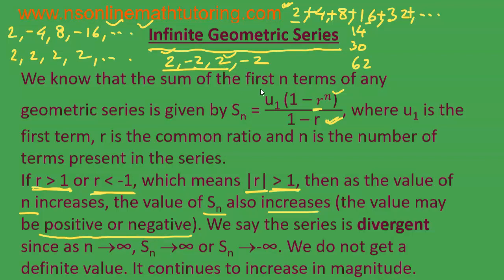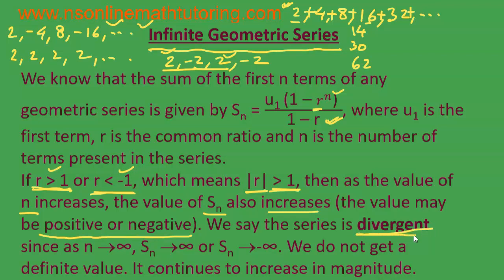So definitely r is not equal to 1 or negative 1. And when r is greater than 1, we have seen the series, just the summation just goes on increasing towards the positive side, and when r is less than negative 1, the summation goes on increasing towards the negative side. Okay, and we say the series is divergent.